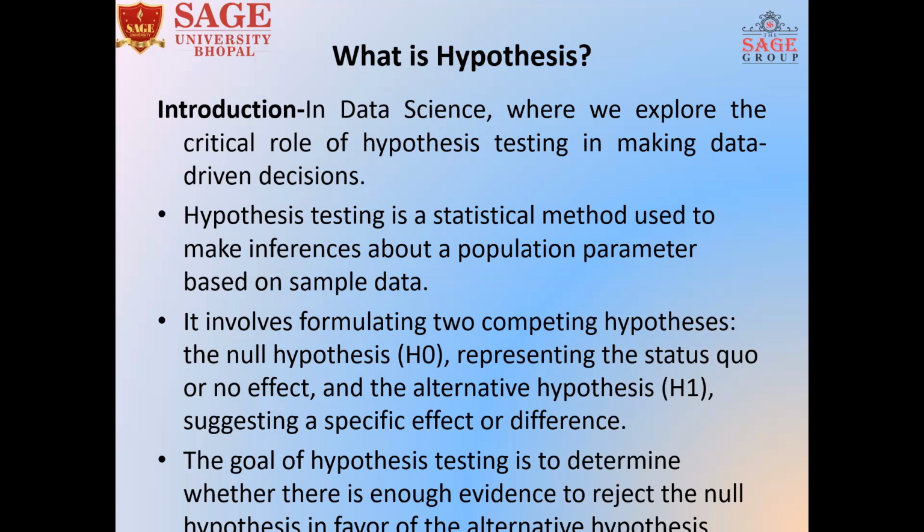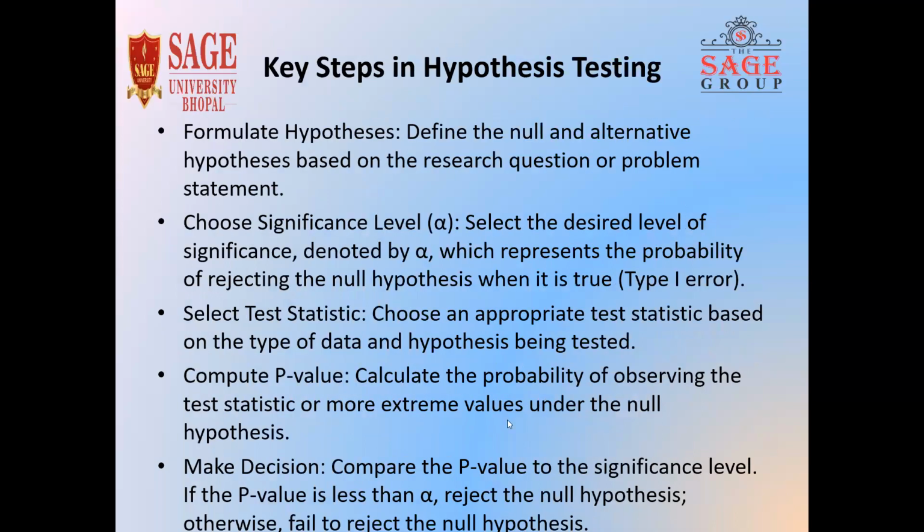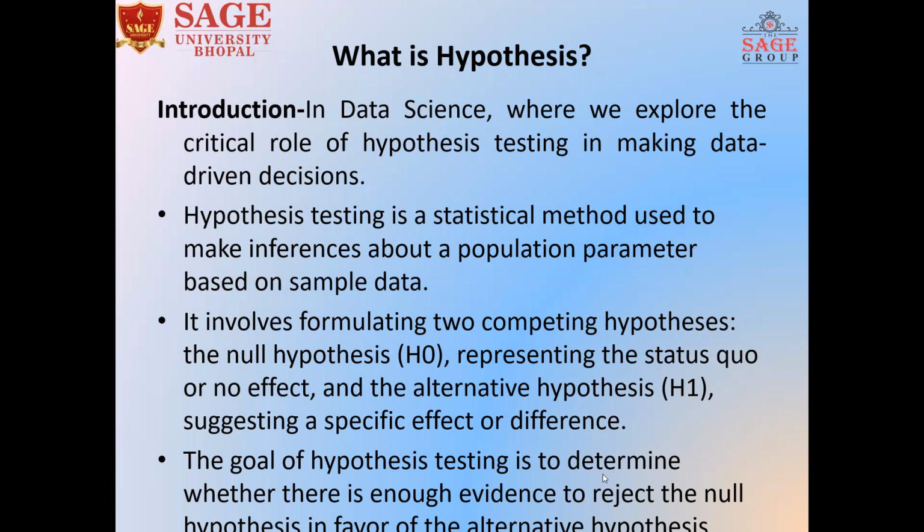And the second is the alternative hypothesis, which is represented by the H1 symbol, suggesting a specific effect or difference. The goal of hypothesis testing is to determine whether there is enough evidence to reject the null hypothesis in favor of the alternative hypothesis.